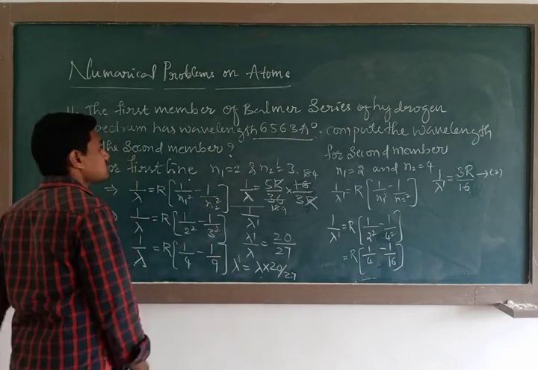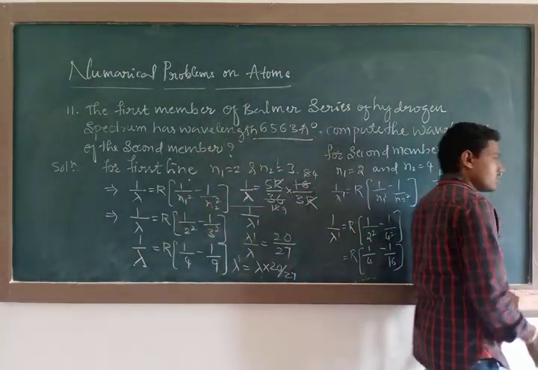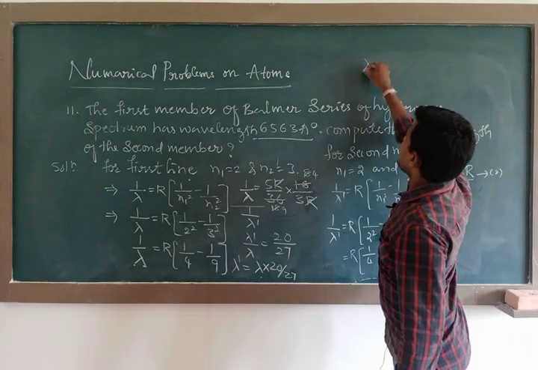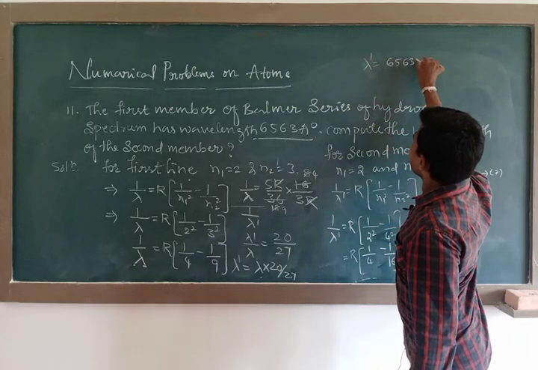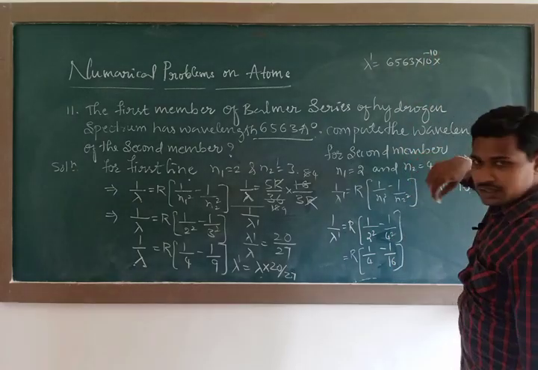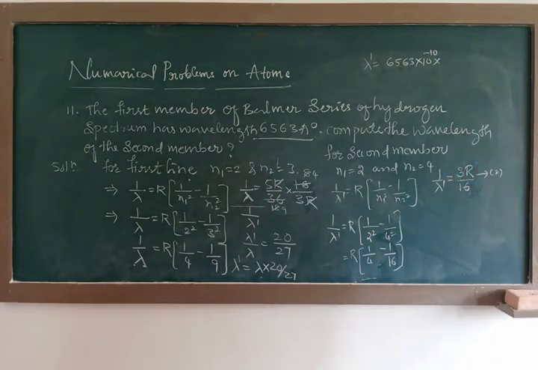What is lambda? 6563 angstrom. So therefore lambda dash is equal to 6563 into 10 raised to minus 10 into 20 by 27. Is it correct or not?